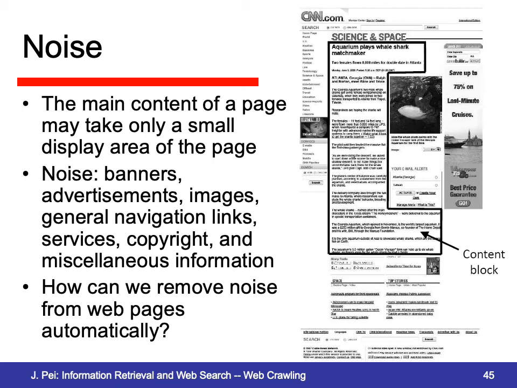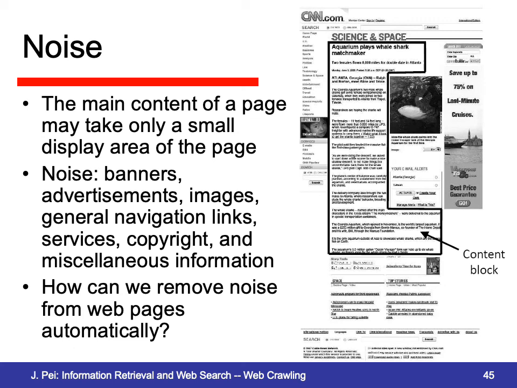The challenge is how a crawler can remove those noise from the web pages automatically, because there are so many web pages on the web. It is impossible to use a human being to scan those web pages one by one and remove those noise areas. There are many approaches to do that.